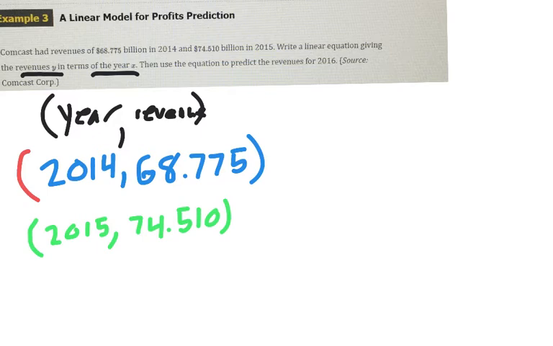Now in the end, what's it asking me to do? Write an equation. So we've been working on point slope form.